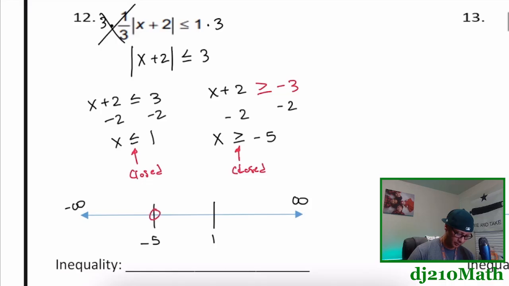So we get a colored in closed circle. This is going to be x is less than 1, so to the left. And then x is greater than negative 5 to the right.